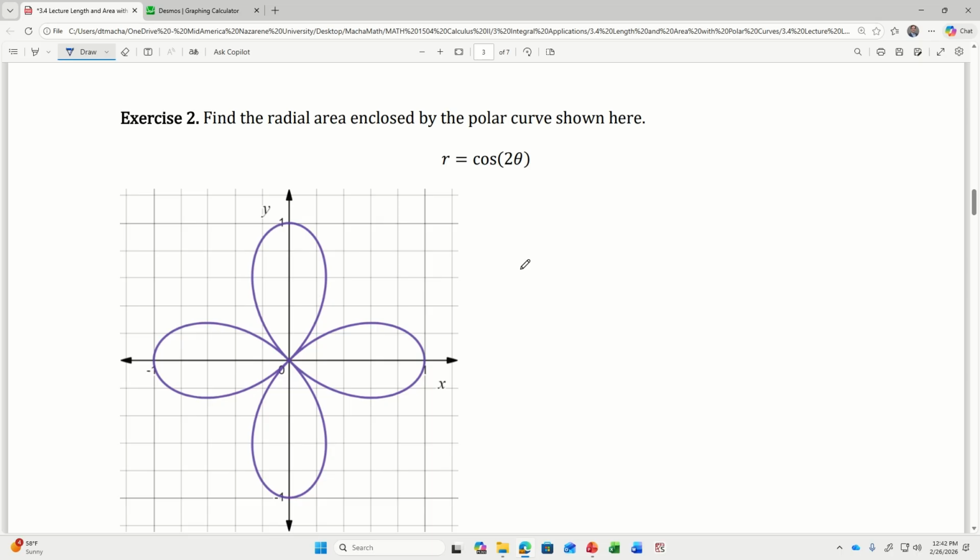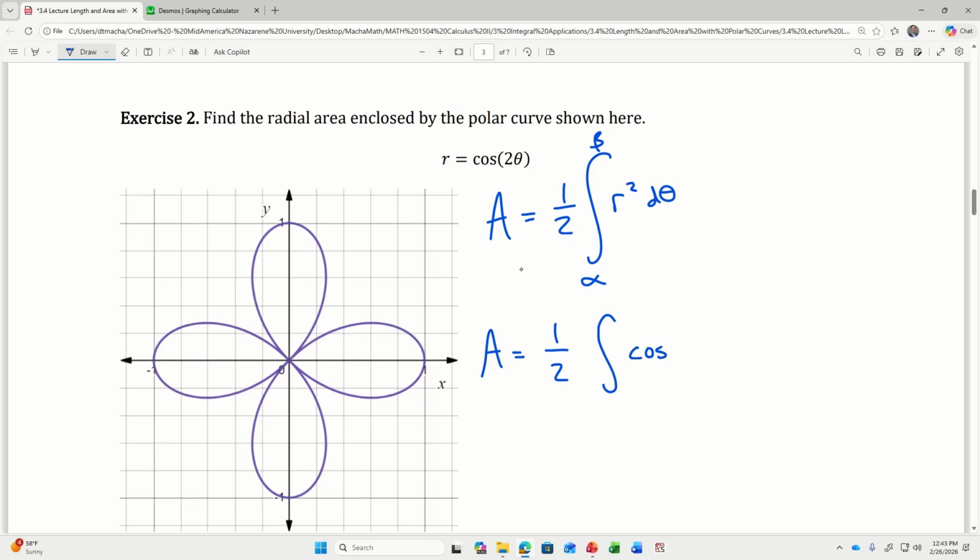So we write down our formula. 1/2 integral from alpha to beta of r squared d theta. And this time r is 2 cosine of 2 theta. So we call that cosine squared of 2 theta.